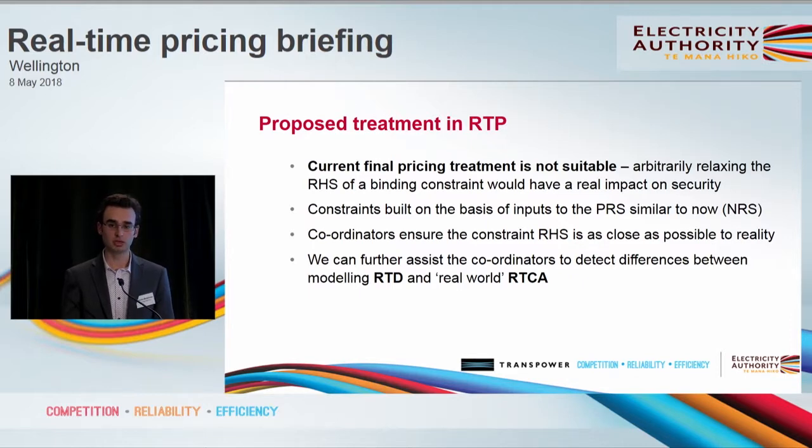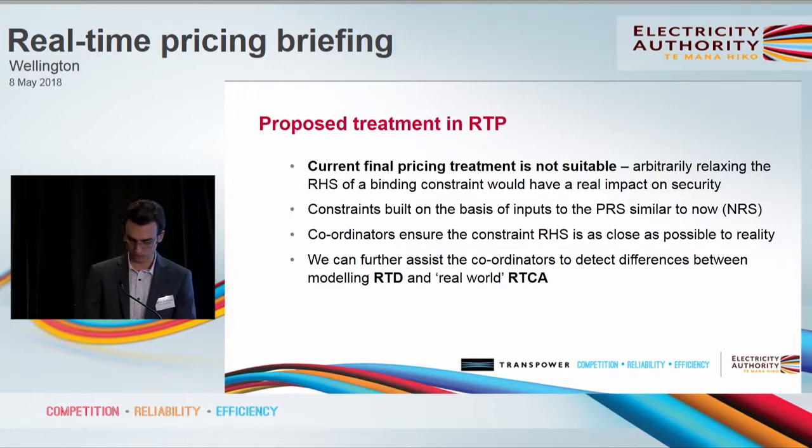So the most recent NRS, which will change to be the PRS under RTP, will produce a set of constraints which will then be ported into the dispatch schedule. We do that for performance reasons. And when the constraint is ported into dispatch, the coordinators are able to verify that the right-hand side of the constraint is appropriate. The way that we do this is to use a tool called RTCA.